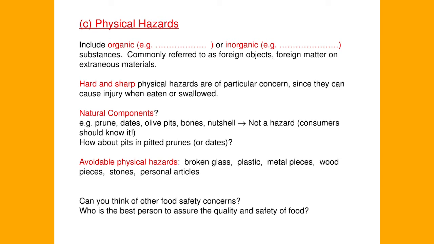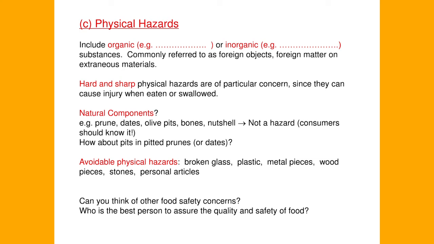Yeah. And avoidable physical hazard like broken glasses, plastic, metal pieces. So sometimes we have this metal detector. We want to detect all these metal pieces, wood pieces, stone, personal articles. So all of these have to be controlled. And as a food technologist, you have to think about control.